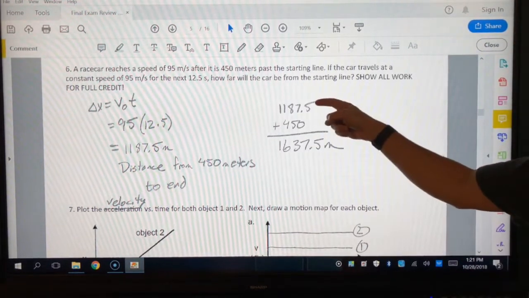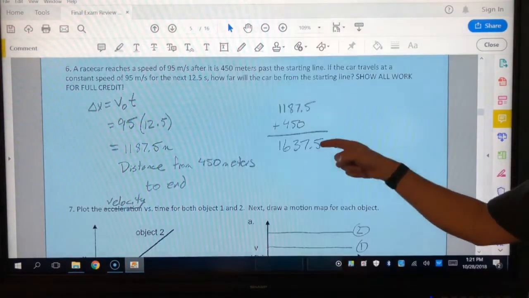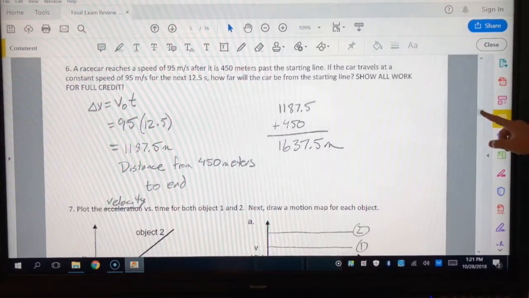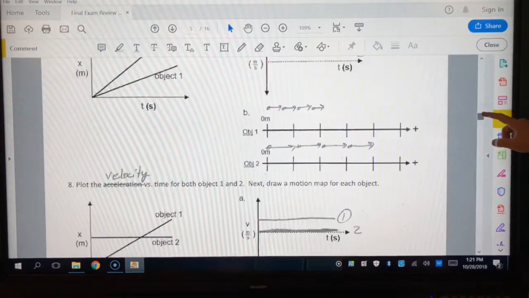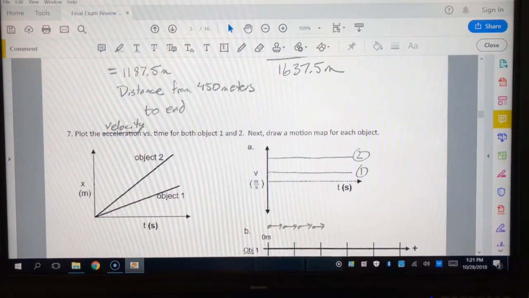So we're going to add how far we've traveled, and then we started at the 450, and so we end up with 1,637.5 meters.